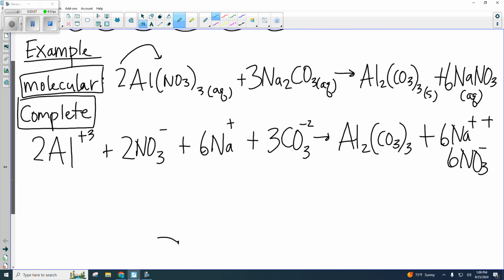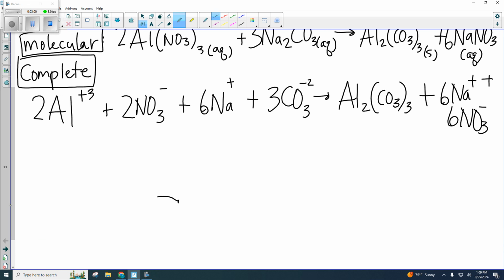When we say the word ionic, we should be thinking about the ions that you see there as superscripts. And then AP always wants the net. They don't really care how you get there, but they're going to ask for the net. If you recall, we need to now cancel out the ions that are the same on both sides. So you can see I have 6 sodium ions on the reactant side, 6 sodium ions on the product side.